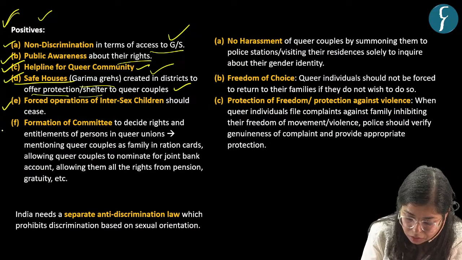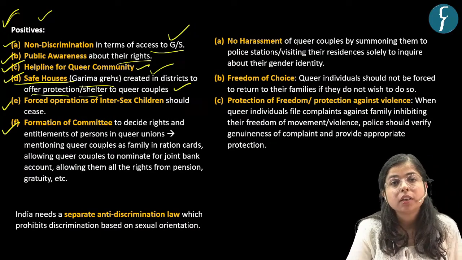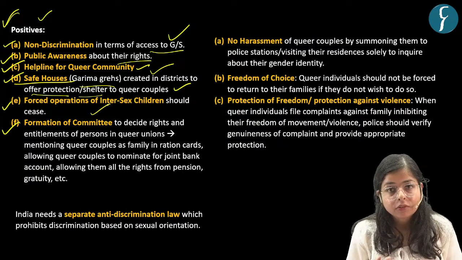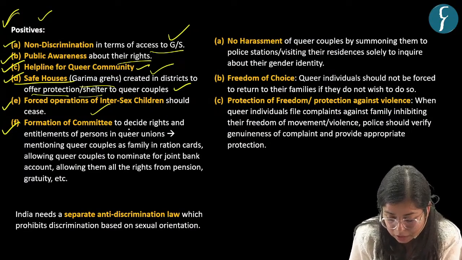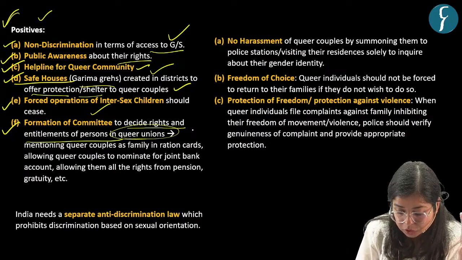Now another important thing is that the Solicitor General of India said that the central government is thinking of the formation of a committee to decide the rights and entitlements of persons in queer unions.